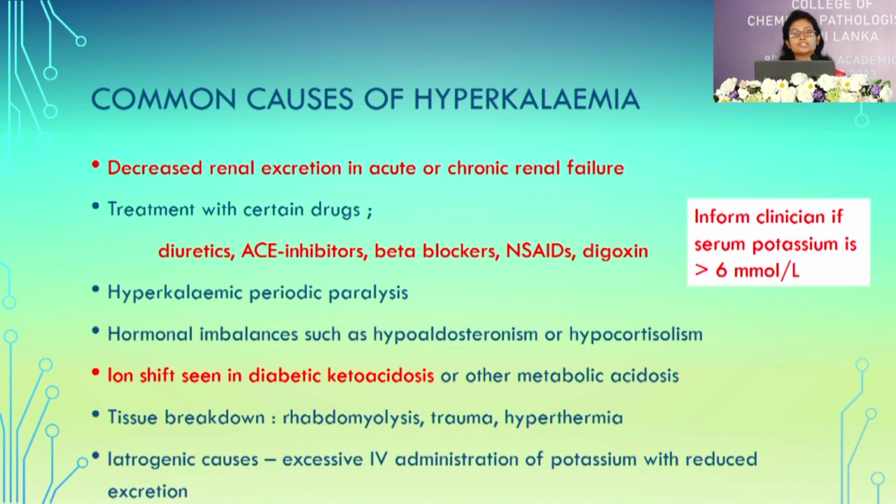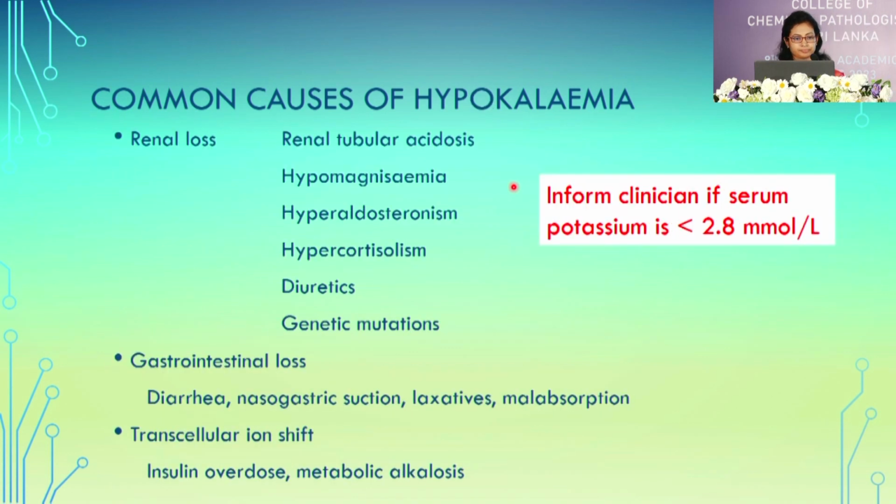And you can also see hyperkalemia in diabetic ketoacidosis and other metabolic acidosis due to ion shift. There are some other causes as well. And you need to inform the clinician if serum potassium is more than 6 millimoles per liter, but this can change if the patient is already a known patient with chronic kidney disease.